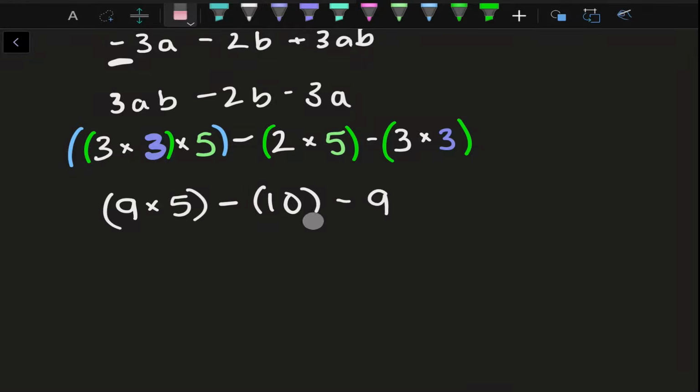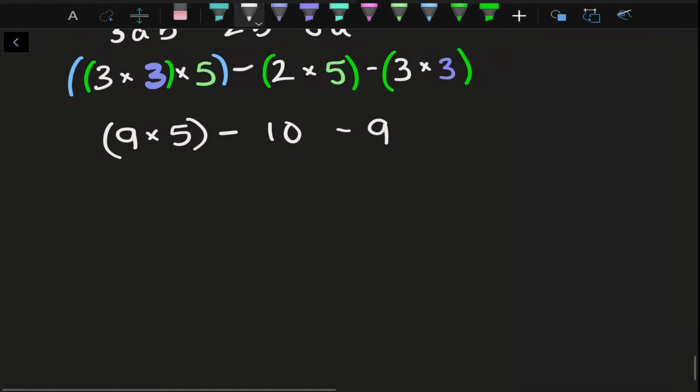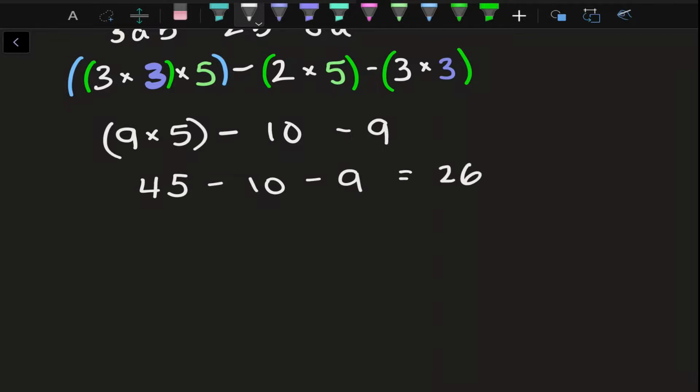And I guess I don't really need these brackets here. And then I'll do this last step, 9 times 5. And 9 times 5 is 45. Minus 10. Minus 9 equals 26, yes.